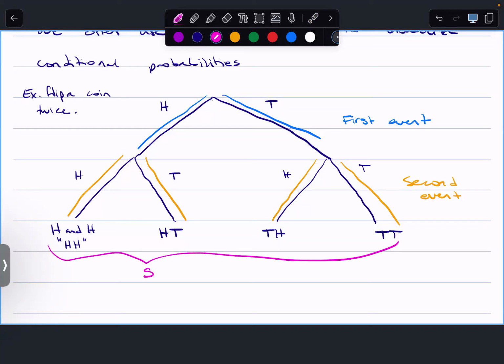What's more useful is if we attach probabilities to these things. Again, this is pretty boring, but the probability of H is 0.5, probability of tails is 0.5, 0.5, 0.5, 0.5, 0.5.